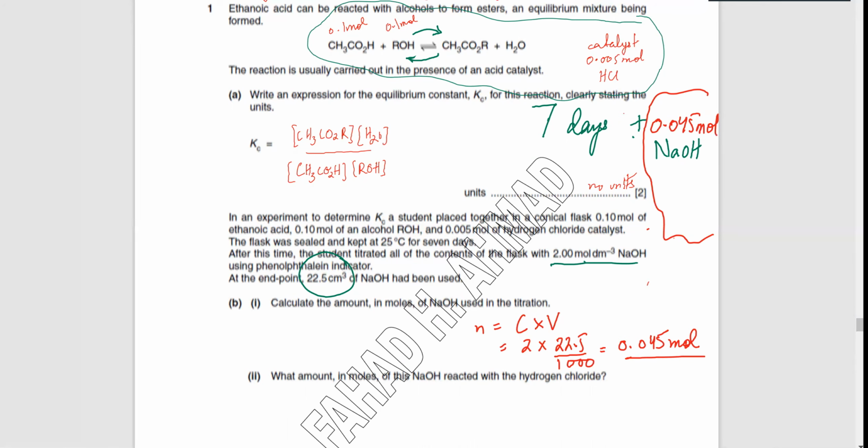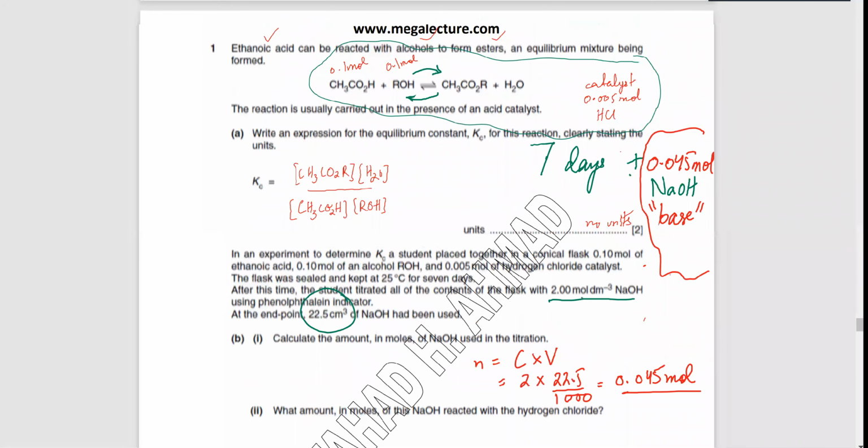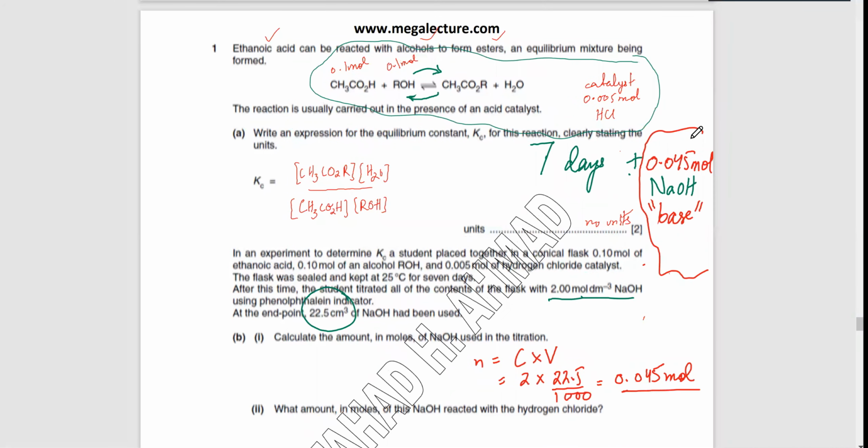Now the next part is, remember NaOH is a base, right? Hopefully everyone knows that. NaOH is a base. So NaOH is not going to react with everything in the mixture. It's not going to react with the whole thing. Not with the alcohol, not with the ester, not with the water molecules.